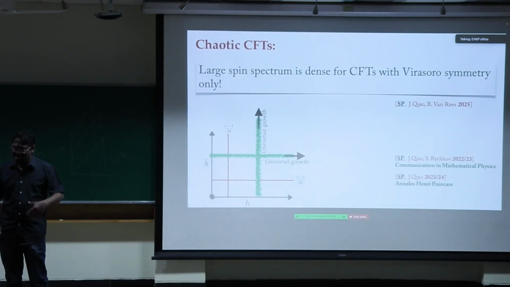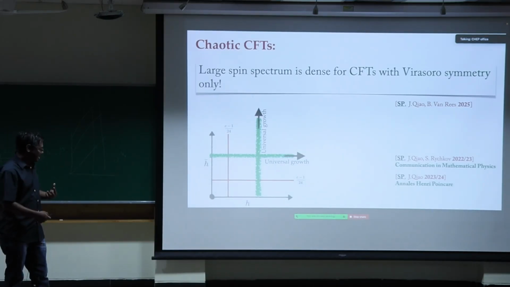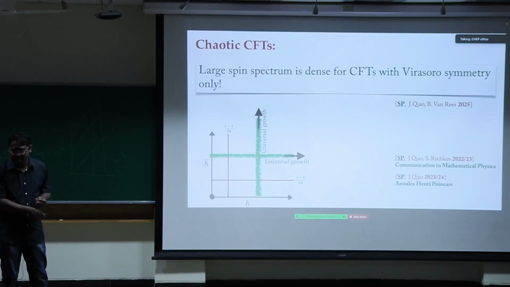If you have supersymmetry or a bigger chiral algebra, you need to impose a twist gap with respect to the bigger chiral algebra, and then play our game. And if you then play our game, then for W_N CFTs, for example, I believe this threshold will be c minus n minus 1 over 24, and then you can possibly prove similar results.